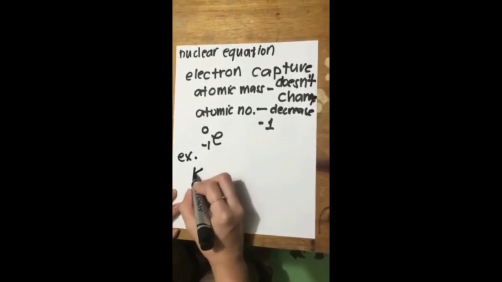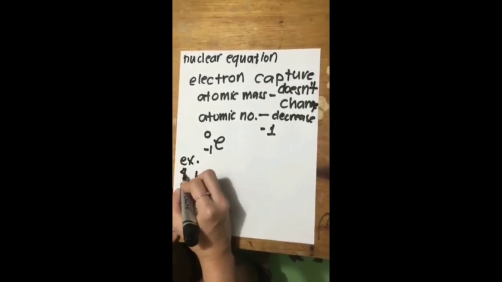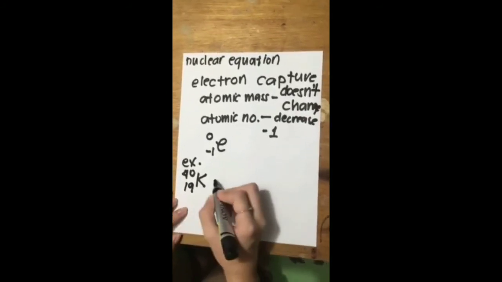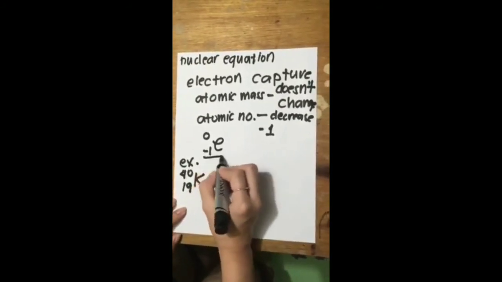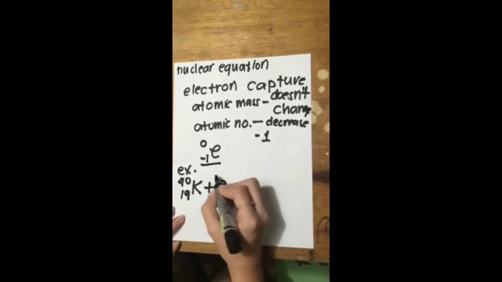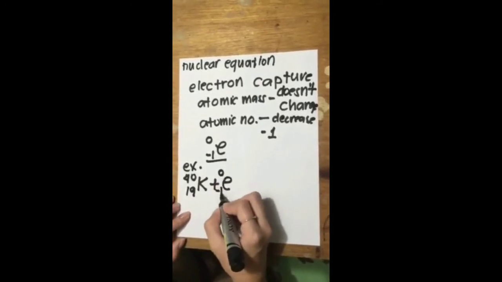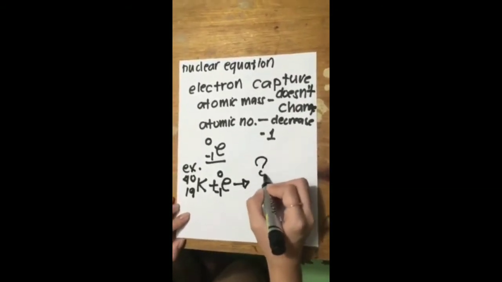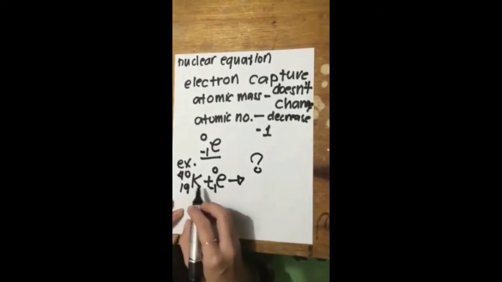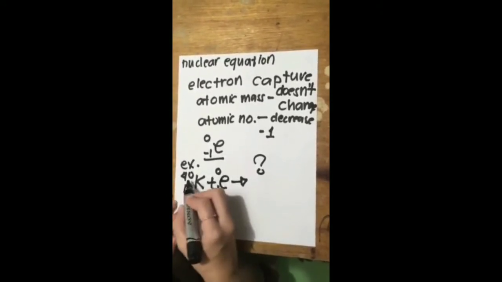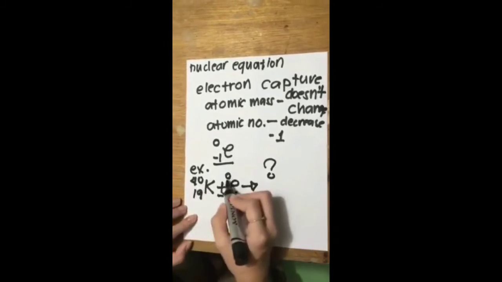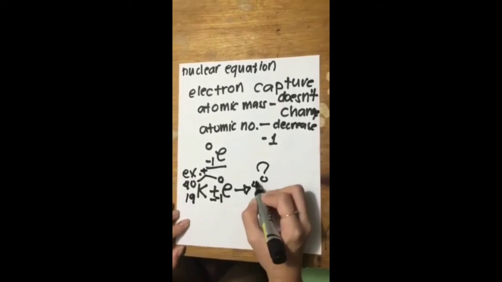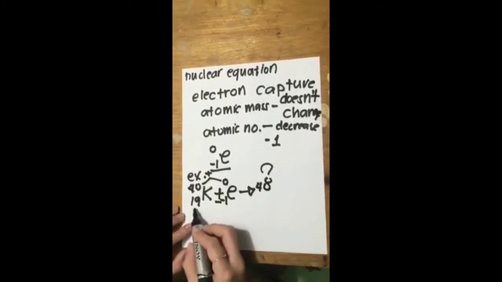For an example, let's have potassium with atomic mass of 40 and atomic number of 19, plus the general formula of electron capture, and copy the arrow. In order to find the new element after the electron capture, let's add the atomic mass 40 and 0. So the answer will still be 40.